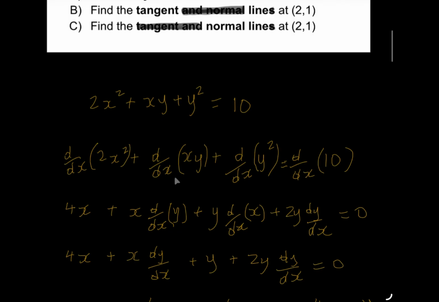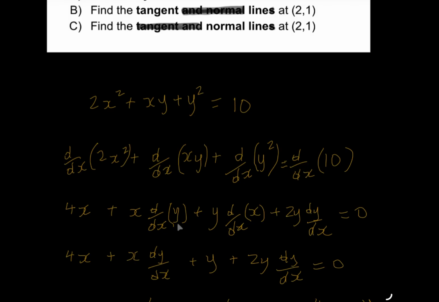For the xy, it is a product, so we have to apply the product rule. So we're going to take x times the d dx of y plus y times the d dx of x plus the derivative of y squared, that's 2y dy dx, equals the d dx of 10. The derivative of 10 is 0. So remember the constant rule.